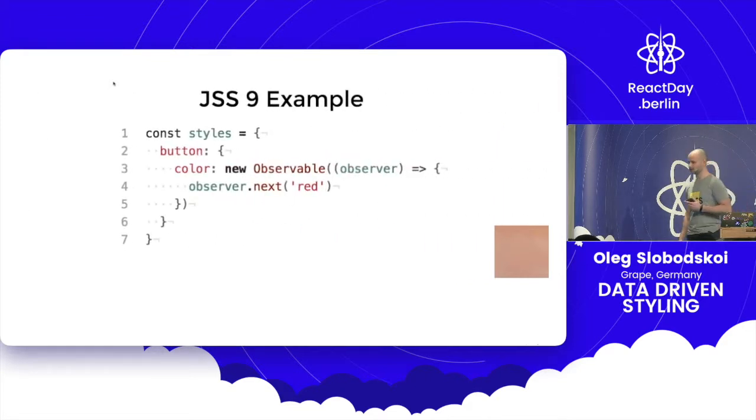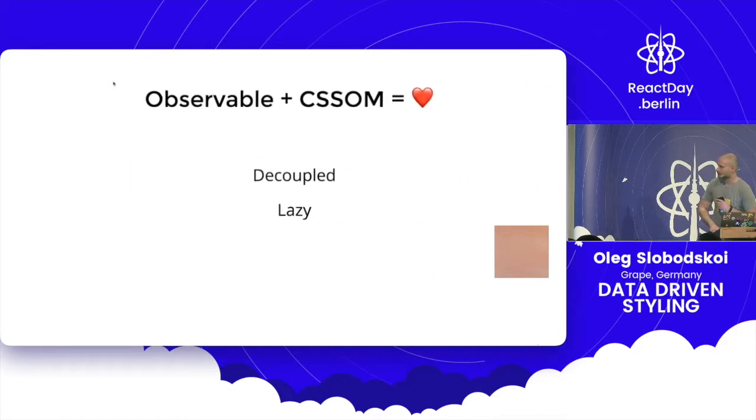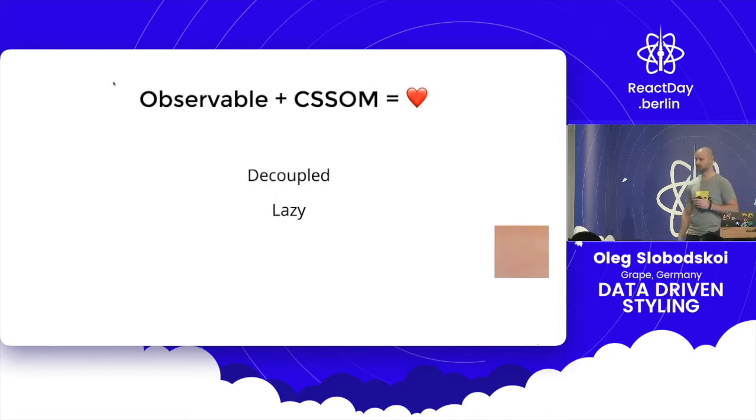So in JSS 9, we have added observable support, which is basically similar to function values, but you can pass an actual observable object, and that's actually it. You can just use any reactive library for this, and it will be rendered very efficiently. In fact, it's the most efficient way I found on the web.